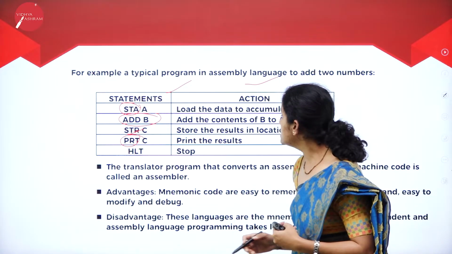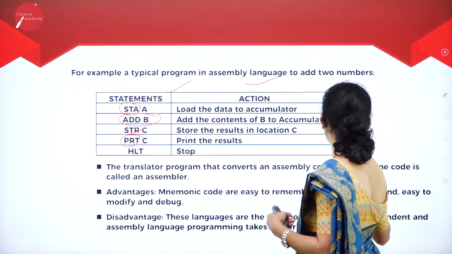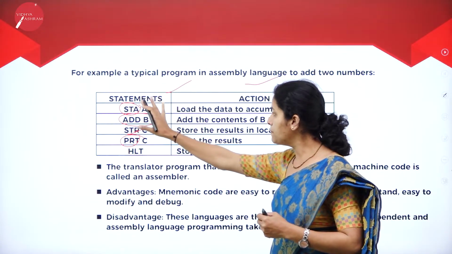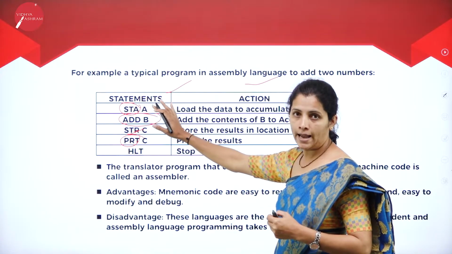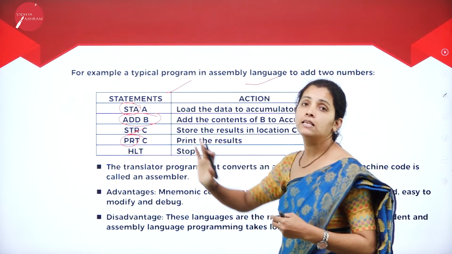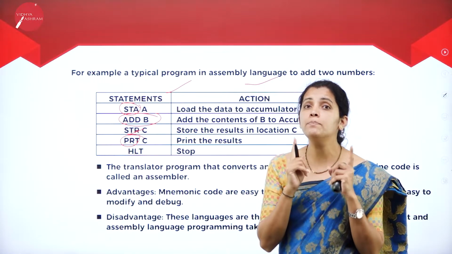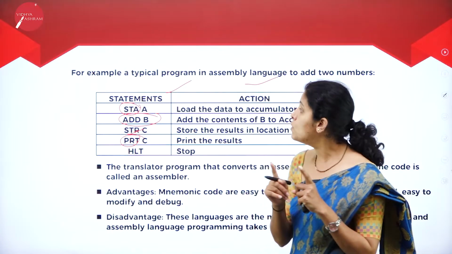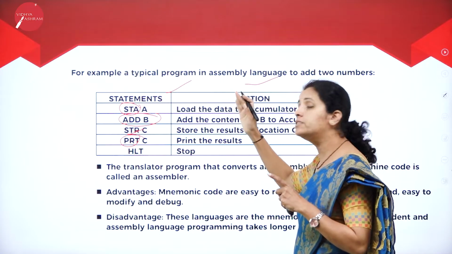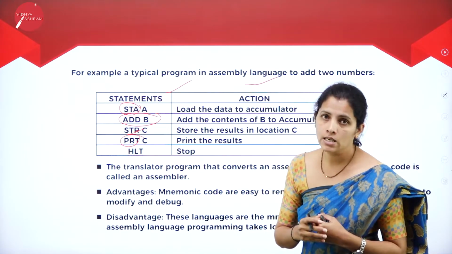So, the translator program that converts assembly code to machine code is called an assembler. Now, this is the example for assembly level language. The computer cannot understand assembly level language, because the computer understands only machine code. Now, I want to convert this assembly level language to machine level. For that reason, I use the translator.